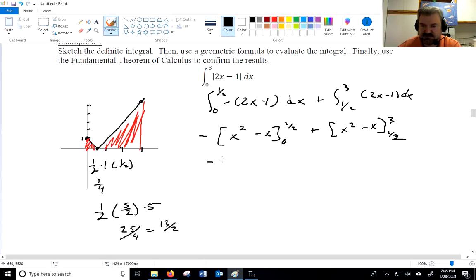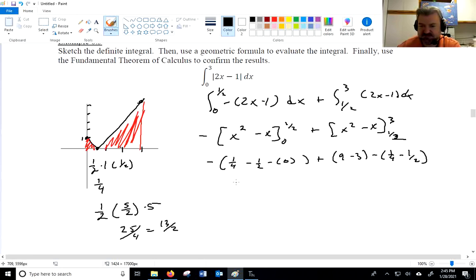All right, so this ends up being 1/4 minus 1/2 minus, that's just 0. Plus, this is 3 squared is 9 minus 3 minus 1/2 squared is 1/4, and then minus another 1/2.